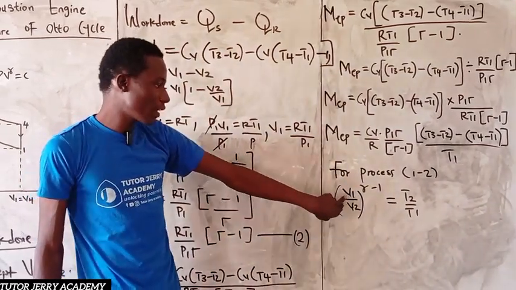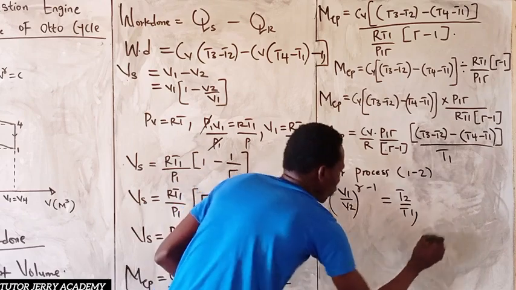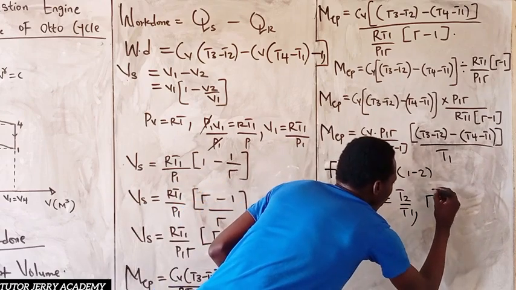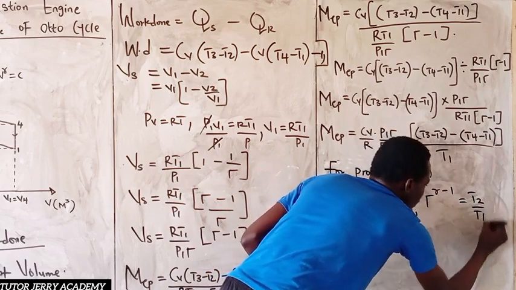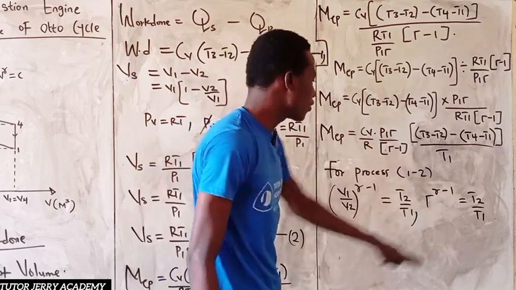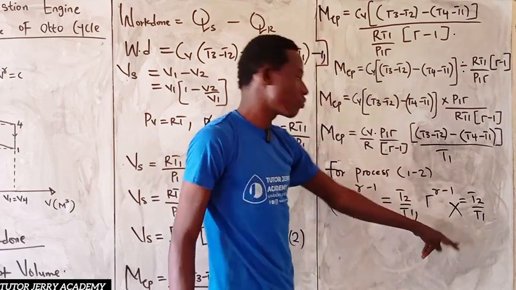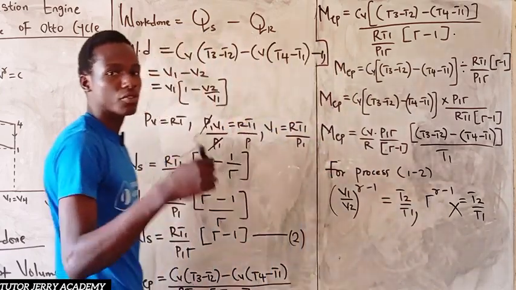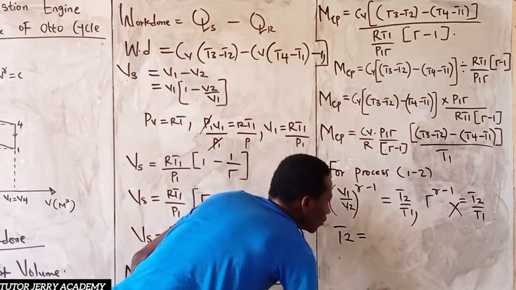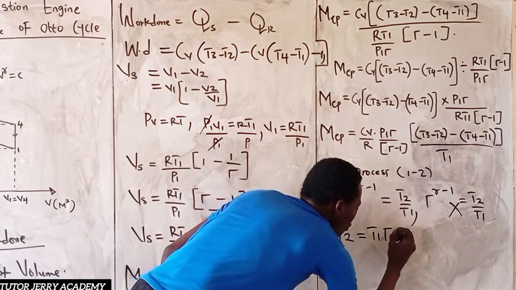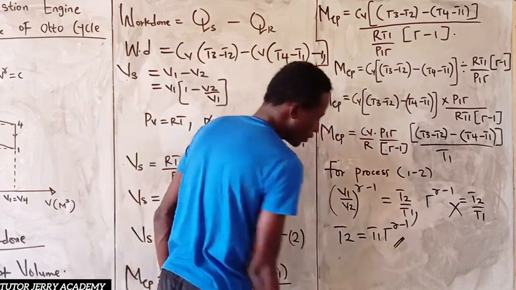We have stated before that V1 all over V2 is nothing but the compression ratio. So compression ratio to the power of gamma minus 1 is equal to T2 all over T1. If I make T2 the subject, I cross multiply, and T2 will be equal to T1 multiplied by compression ratio to the power of gamma minus 1. So this is my value for T2.